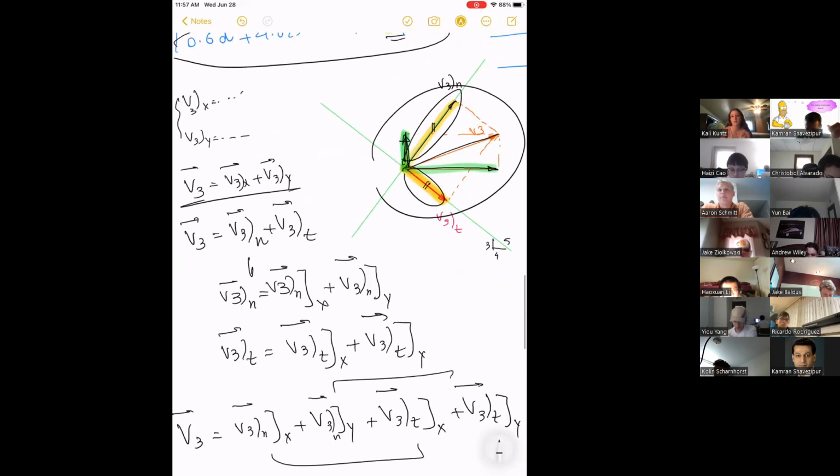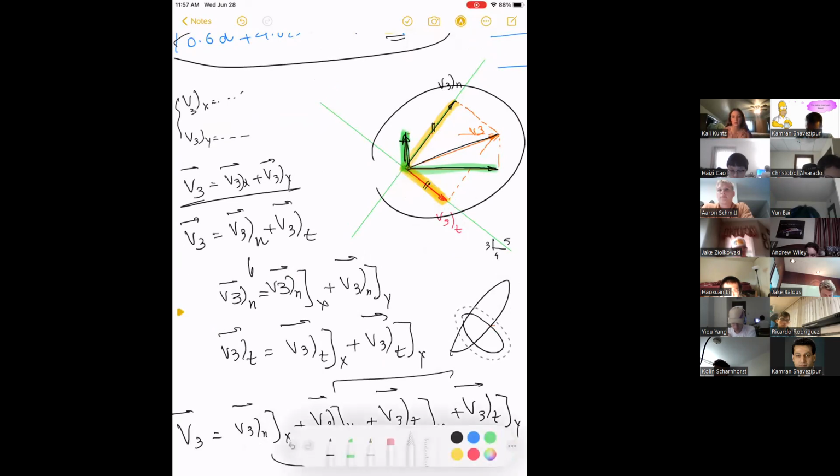So let's say this vector that I highlight here with purple is your financial system. This is your profit and this is your budget, right?